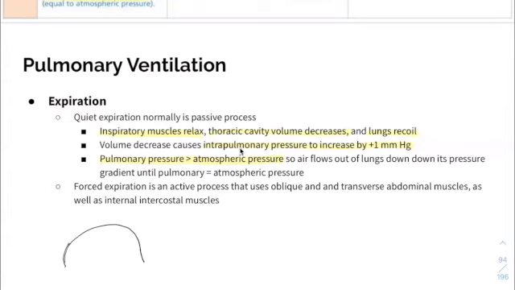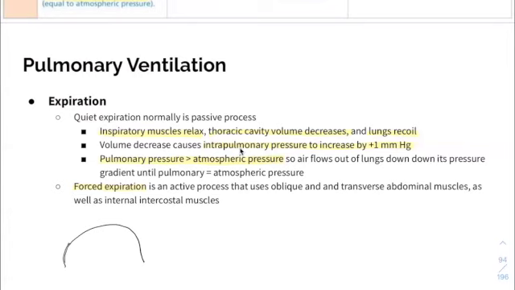What about forced expiration, though? If we are forcing an expiration, could be exercising, we could be playing a musical instrument. Those both use a lot of forced expiration. A wind instrument, I should say, because it doesn't work when you're playing the drums or the piano, but it does with a wind instrument. So that's where the accessory muscles for expiration come into place.